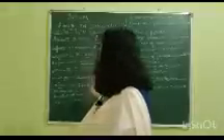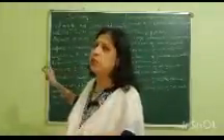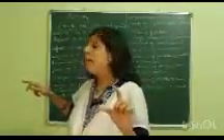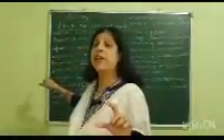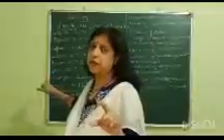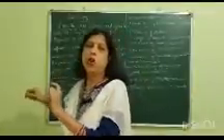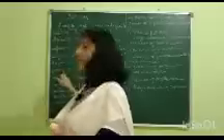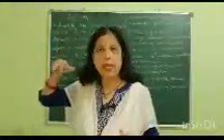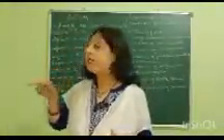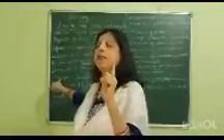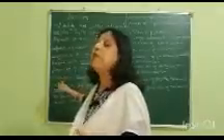Here, no doubt the word begins with the alphabet U or E, but the sound is taken as Y. Y plus OO is called U. It begins with a vowel alphabet, but the sound is considered as Y, so we use a.